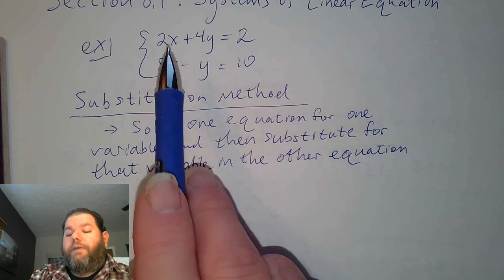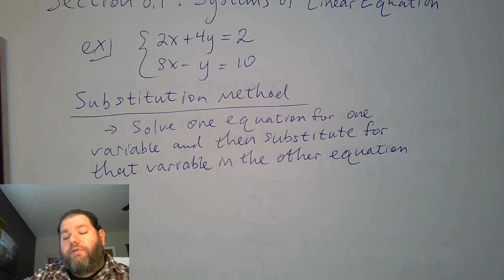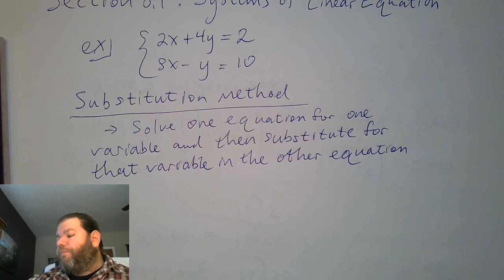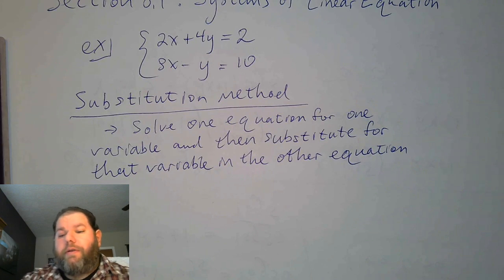So, if we look at these two equations, which of those variables does it look like will be easiest to solve for? X or Y in the first or second equation? Y in the second equation, right?